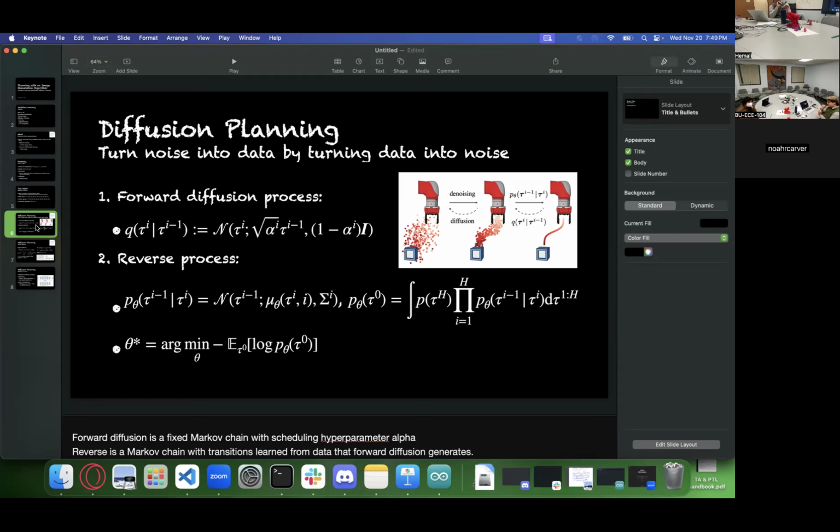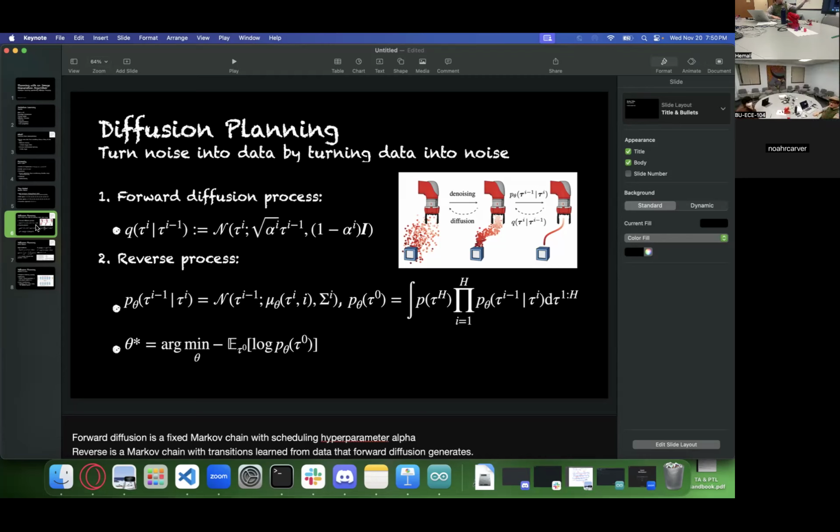So the Q function here, the forward diffusion, and noise in it will increase the diffusion time. So we're going to have the probability of tau i given tau i minus 1. So if we start at 0, the probability of the noise that we have in the trajectory given all of the trajectories that we had before.